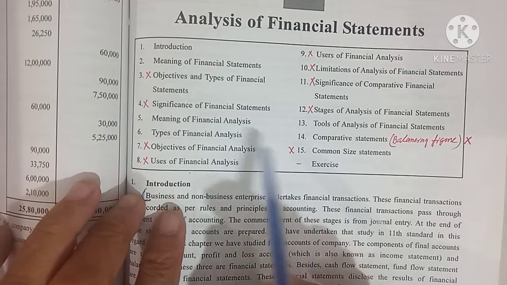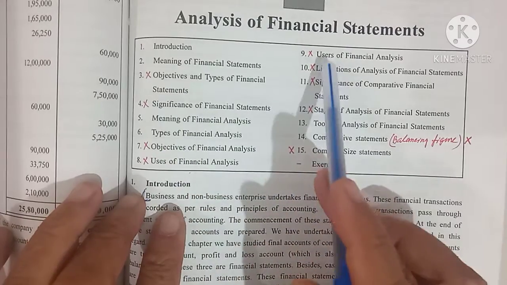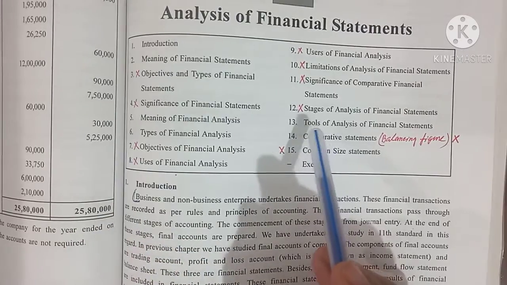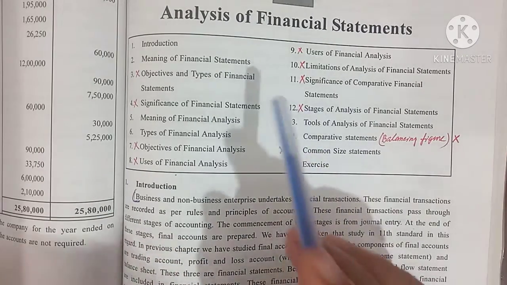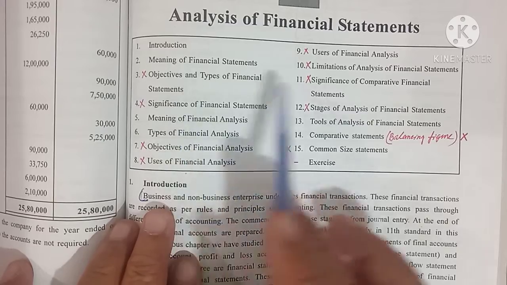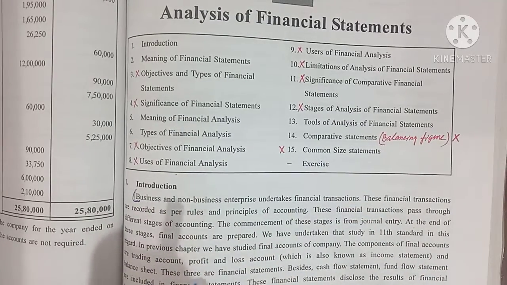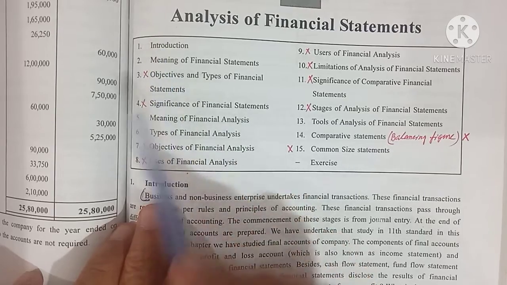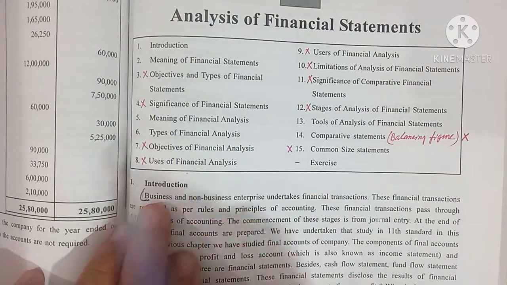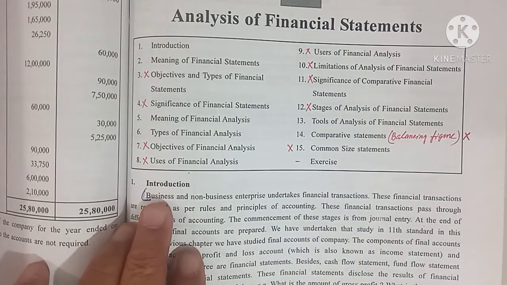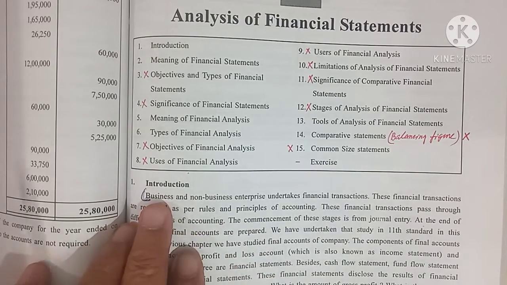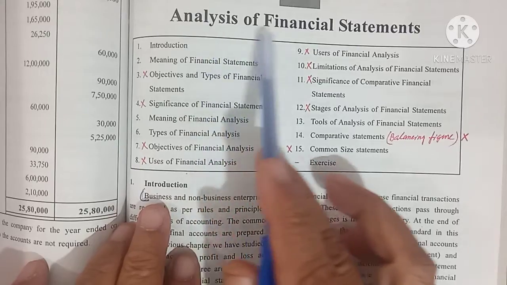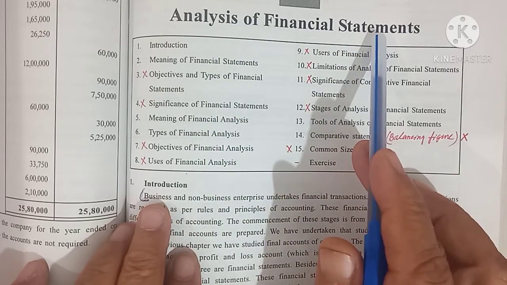Out of these 15 points, a few I have already crossed out where the Gujarat government has deducted 30%. Though they are crossed out, I still have to touch those points also, so that you know that the points which are not deducted are related with the other points, and you have to follow that too. So let us start the analysis of financial statement.